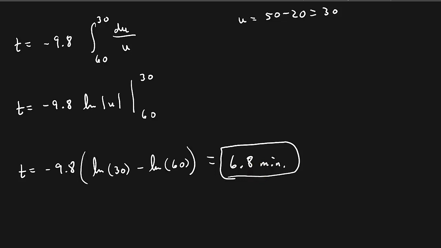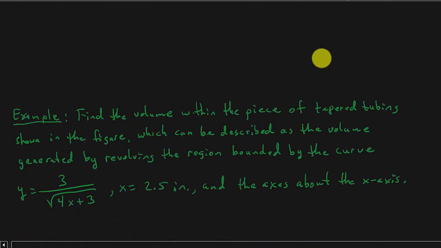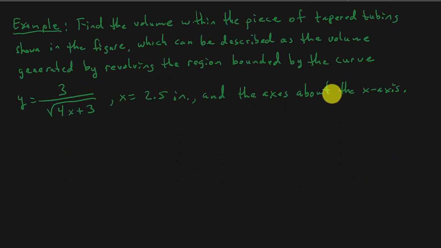All right, so that wasn't too bad. Let's take a look, and I believe this is the last problem here. It says find the volume within the piece of tapered tubing shown in the figure. I haven't drawn the figure yet, I will draw it.